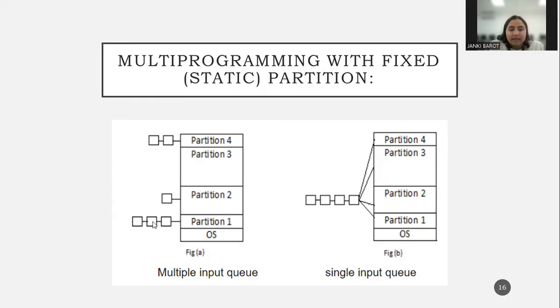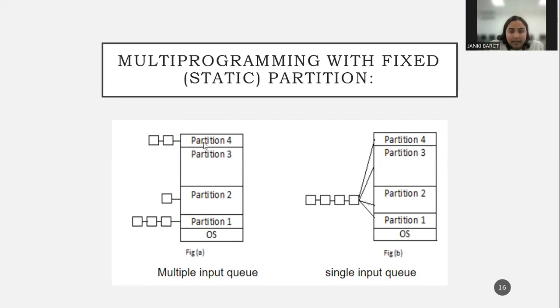So it may be possible that for partition 1, partition 4 and partition 2, the requirement of this process can be fulfilled by partition 1. The requirement of this process can be fulfilled by this partition, right? The requirement of these two processes is available at partition 4, right?